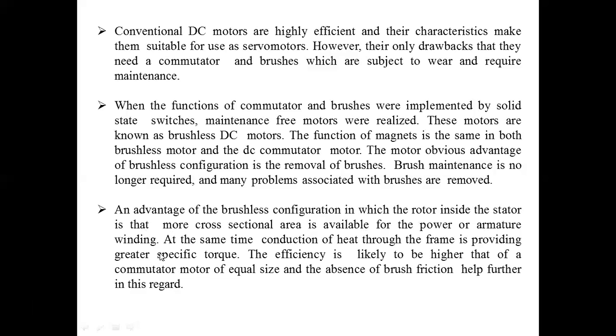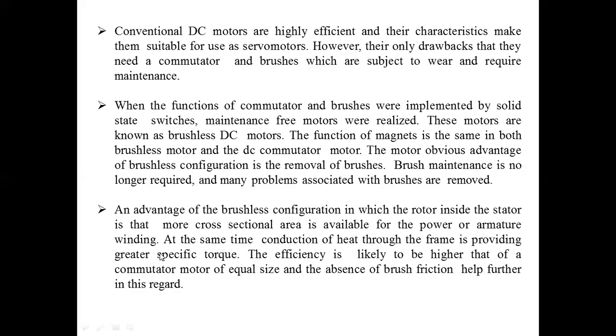Normal conventional DC motors use a field winding and an armature winding, so the size of the motor increases, because the field winding and the armature winding both need more cross-sectional area. While using a permanent magnet as the field, the size of the motor can be reduced.